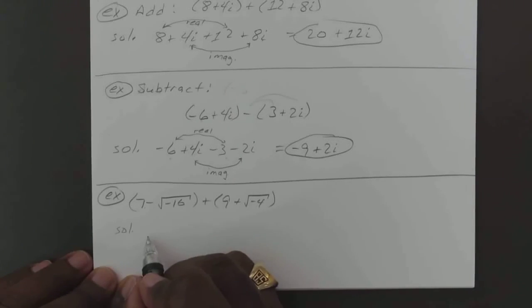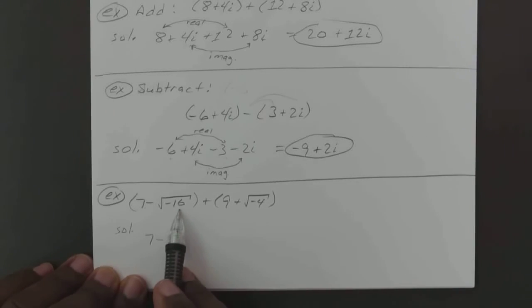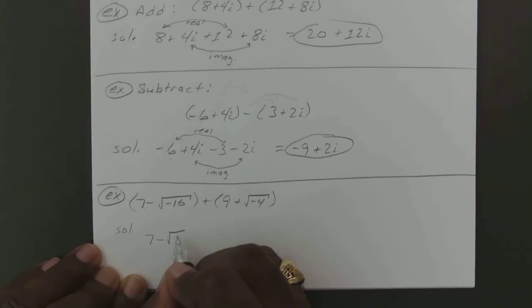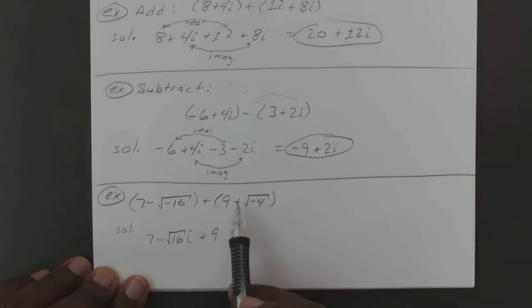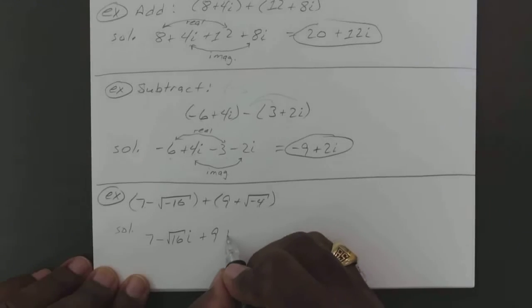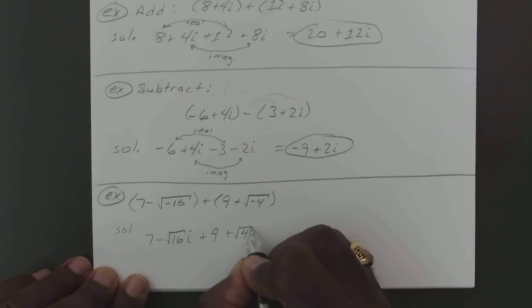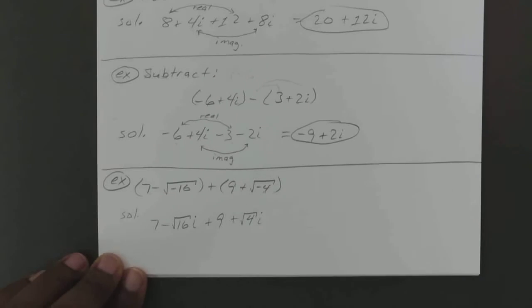So you have 7 minus negative square root of 16. You can just make that square root of 16i. Of course, you can make it 4, but I don't want to skip steps. Square root of 16i plus 9 plus square root of 4i. And then from there, you just simplify it.